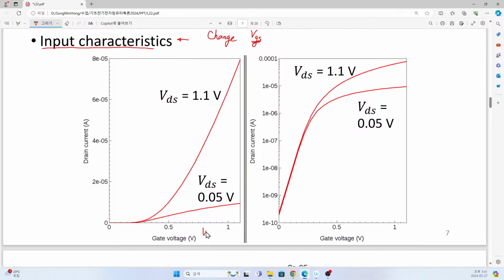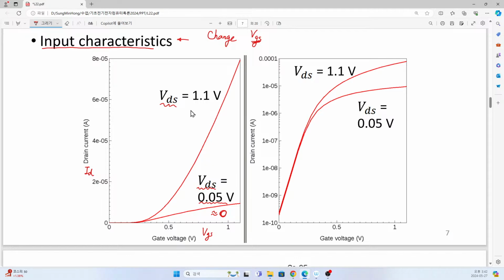So we consider ID versus VGS characteristics, and that relation is called input characteristics. Here we have VGS, and here we have ID, and this is the first graph we must draw when we characterize our MOSFET. You can see that here we have two different curves. What is the difference? Here we have two different VDS values. In this case, we have a relatively small number, quite close to 0.